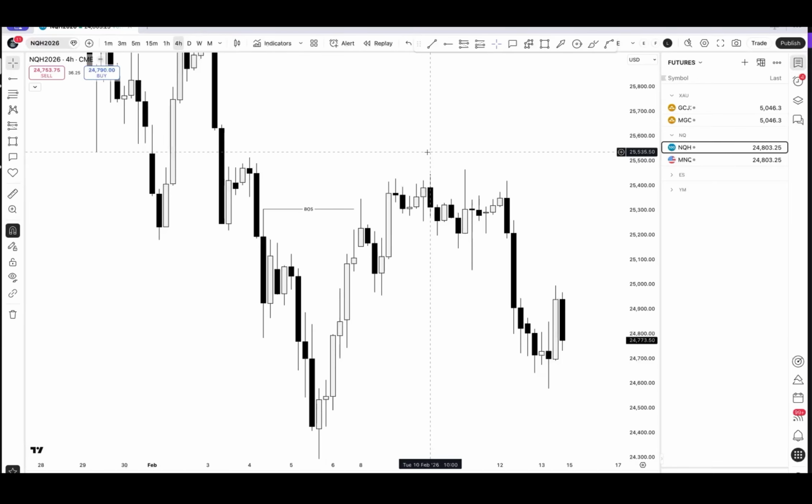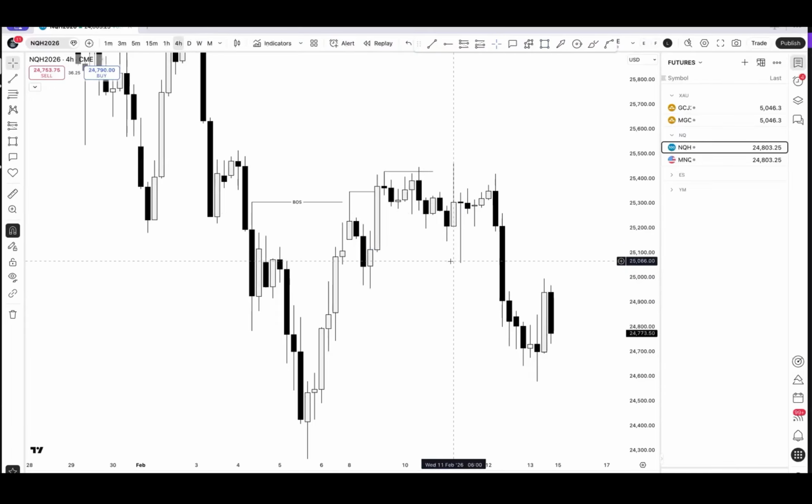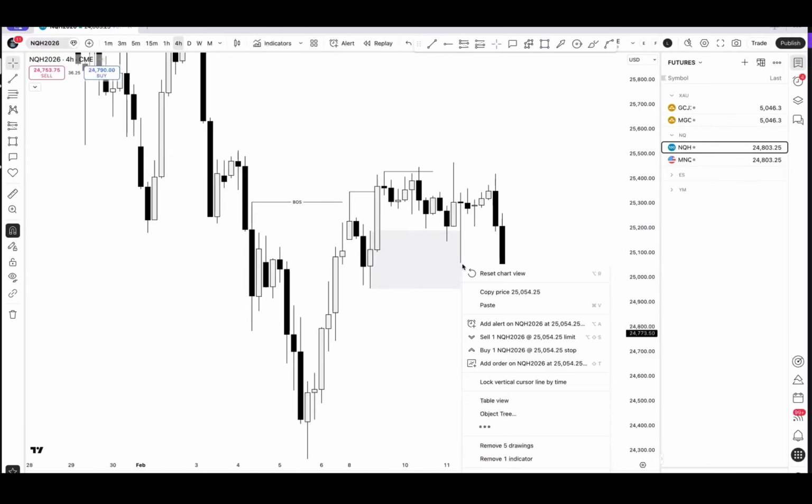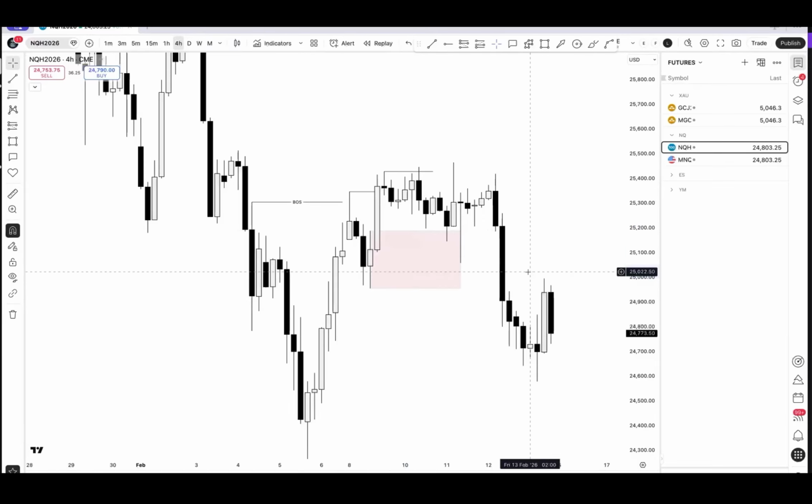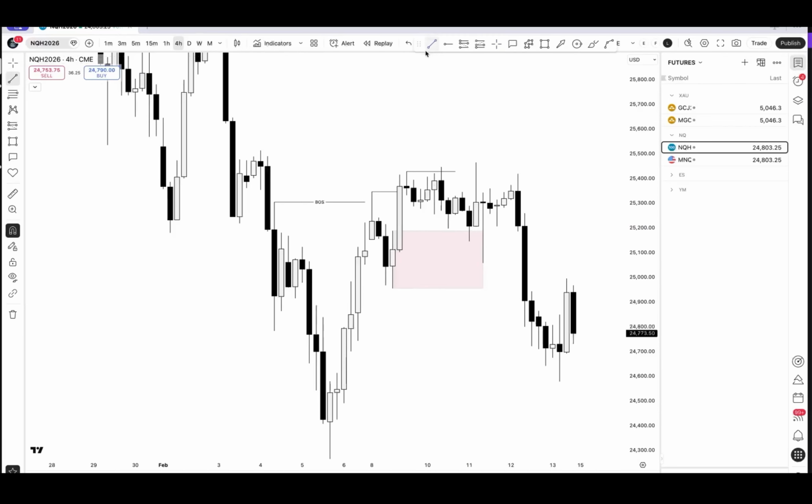So if you look at it from this lens, we had that BOS in the market by taking out this high to the left. Notice how we BOS here. We BOS here. It's going to look cleaner too as soon as I go on the other time frames. We come here. We respect this low that retail was getting into the market from. So we respect that low, and then we induce buyers again.